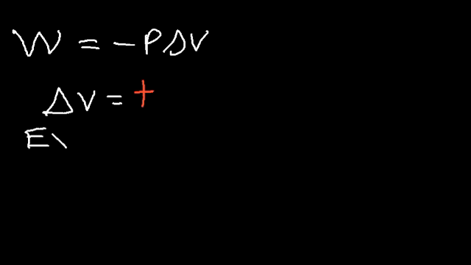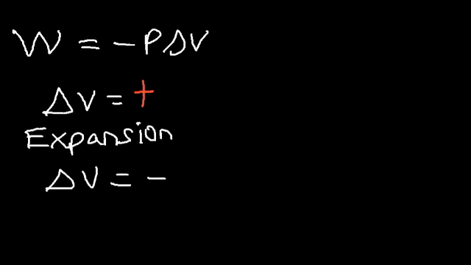So we said that W is equal to negative P delta V. Now, when the change in volume is positive, that means the volume is increasing, the gas is expanding. So gas expansion occurs. And when the change in volume is negative, gas compression occurs. So let's see what this means.